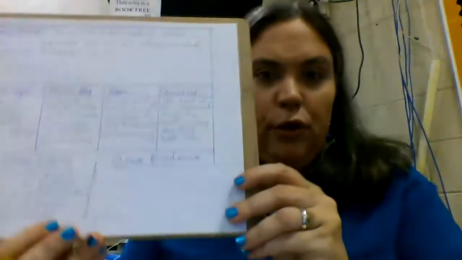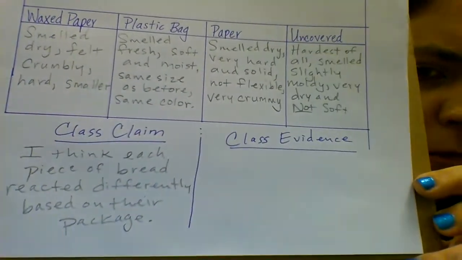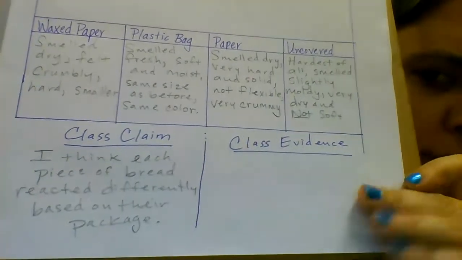All right, now we need proof. What happened in the experiment? If this is our class claim, I think each piece of bread reacted differently based on their package, what proof in our experiment can we bring up? Well, think about the hardest piece and the softest piece. What was the softest piece wrapped in? The plastic bag.